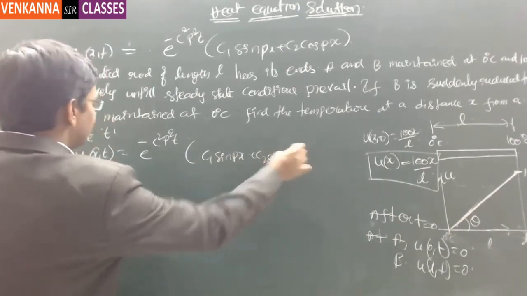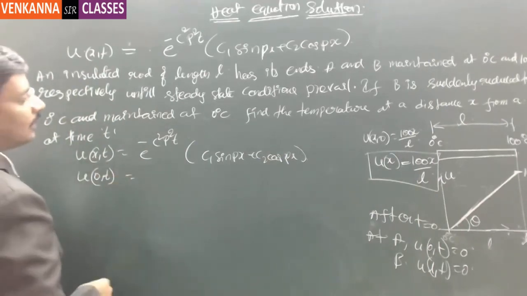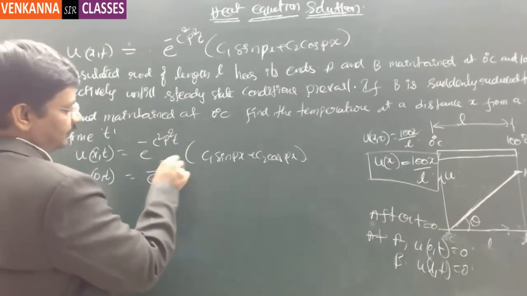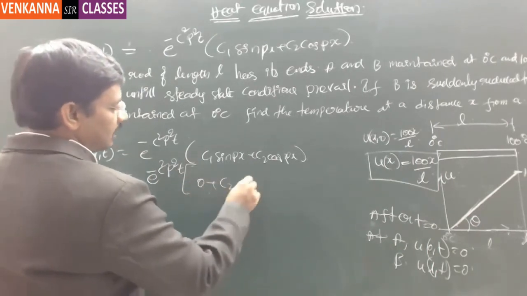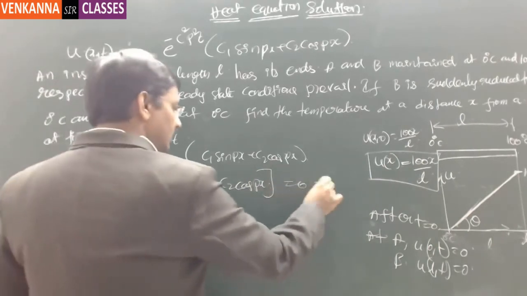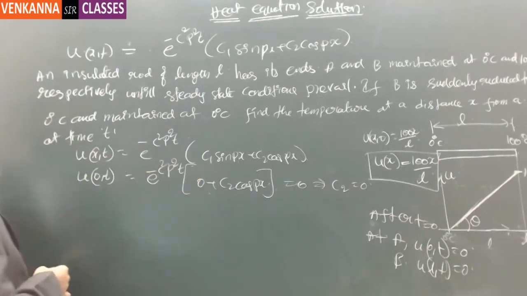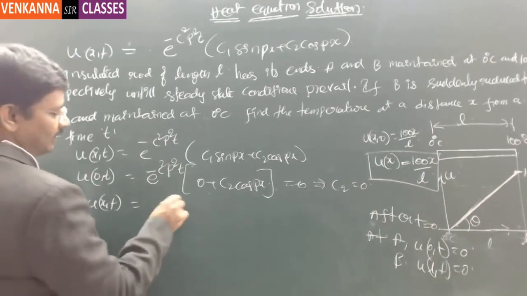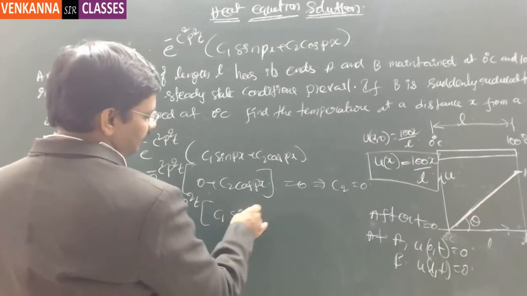In this equation, substitute u of 0 comma t, which is maintained at 0 degree centigrade: e power minus c square p square t times, at 0, c1 sin 0 plus c2 cos 0. So this is going to be 0, which implies c2 equal to 0. After substituting c2 equal to 0, u of x comma t is e power minus c square p square t multiplied by c1 sin px.